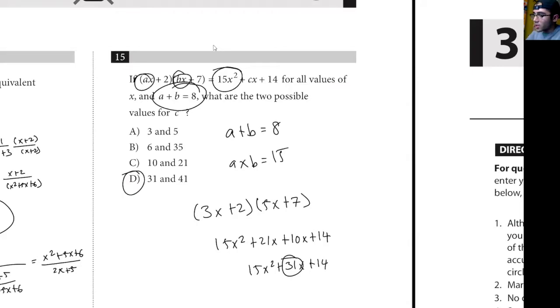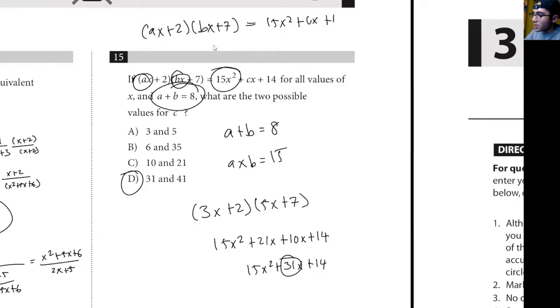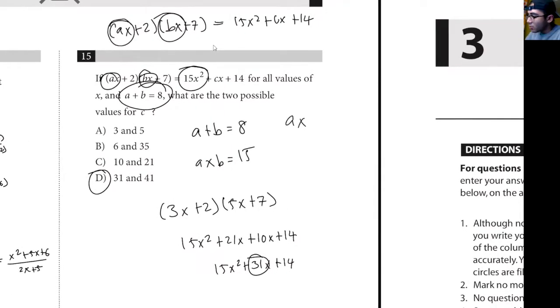So you see here how it gives us ax plus 2 multiplied by bx plus 7 is equal to 15x squared plus cx plus 14. So remember, when we start FOILing, we multiply these two together first. So we know that ax multiplied by bx is equal to 15x squared, right?